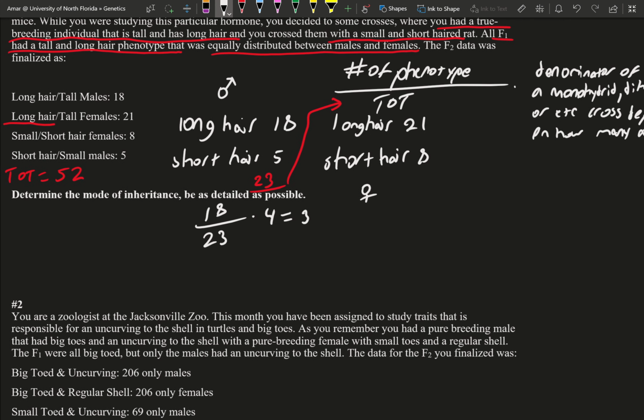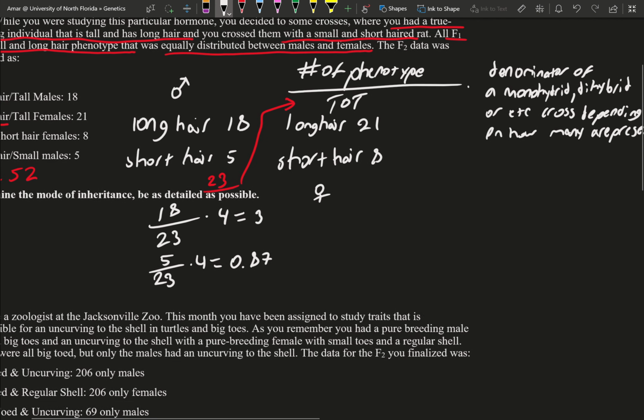And then we're going to do that same thing for short hair. It's around 0.8, so it's basically like a 3-to-1 ratio right here.